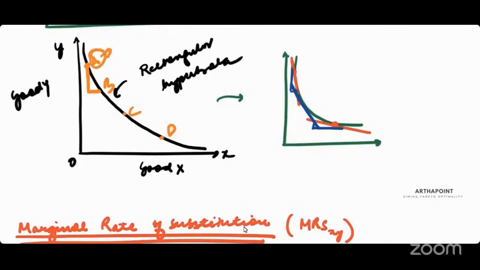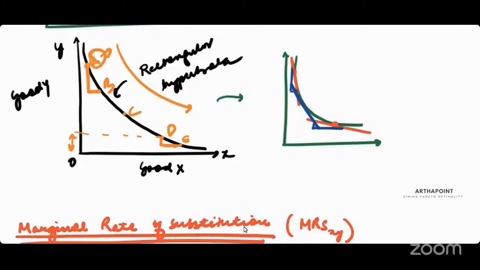But as I go down the indifference curve, maybe when I'm at B and I want to go to a point like E, I don't want to give you a lot of Y for 1 unit of X. Because you have already taken my Y from me. I just have very little Y left. And again, you're asking me to give more Y for an additional unit of X. So as I go down the indifference curve, my willingness to give more and more of Y for an additional unit of X decreases.